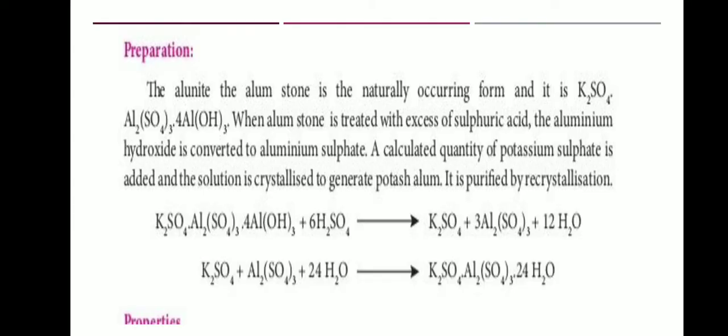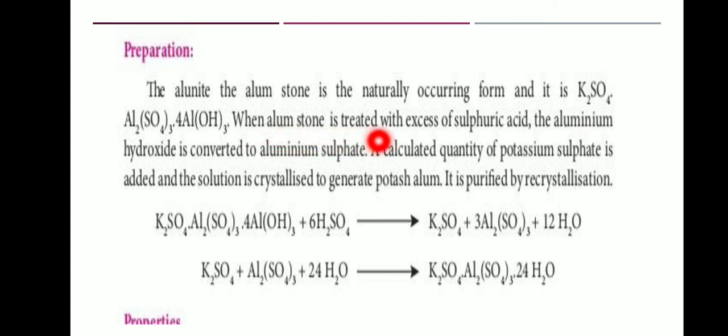Preparation of alums. Alum stone is the naturally occurring form, K2SO4·Al2(SO4)3·4Al(OH)3. This is called alum stone.